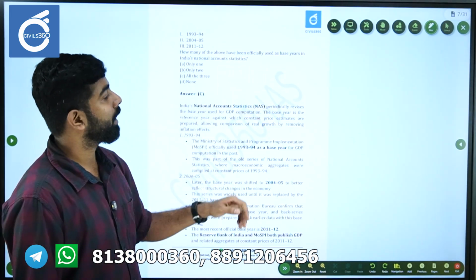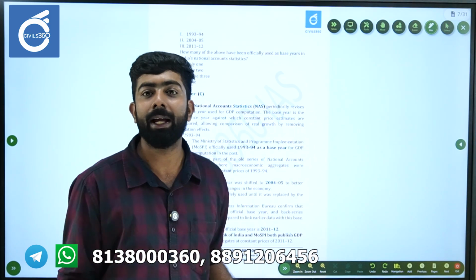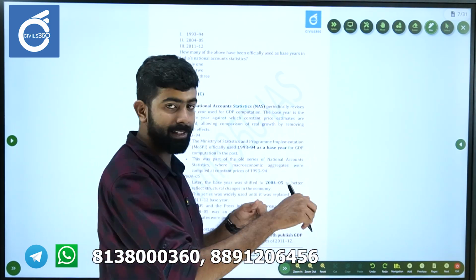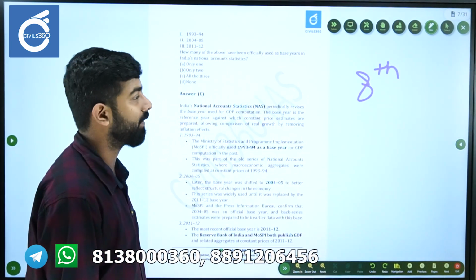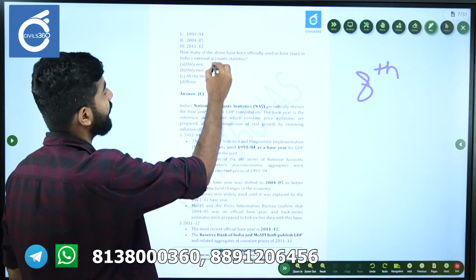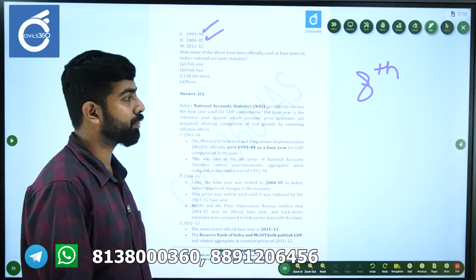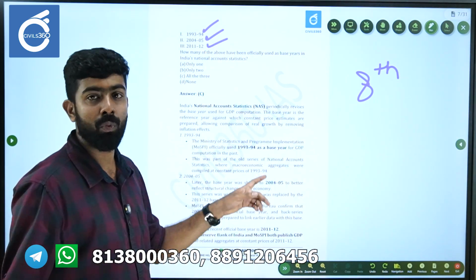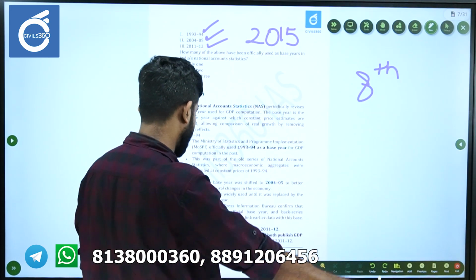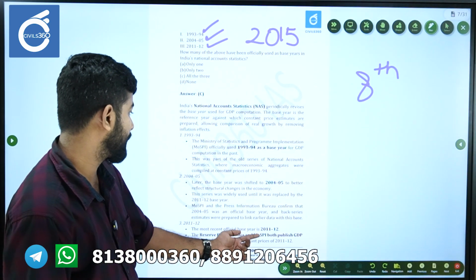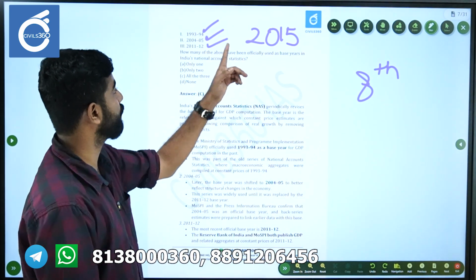So up till after independence, about 7 times the base year has been revised. This is going to be the 8th time. We can see that 1993-94 was used, 2004-2005 was used, and 2011-2012 was the most recent base year, which was actually revised in 2015.